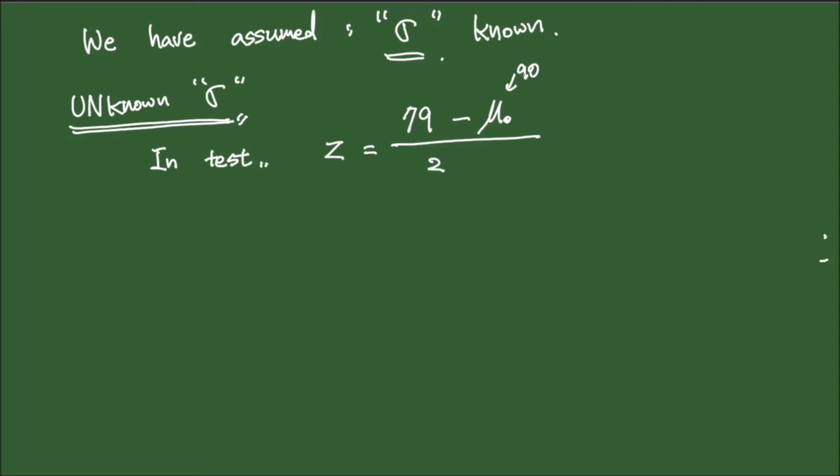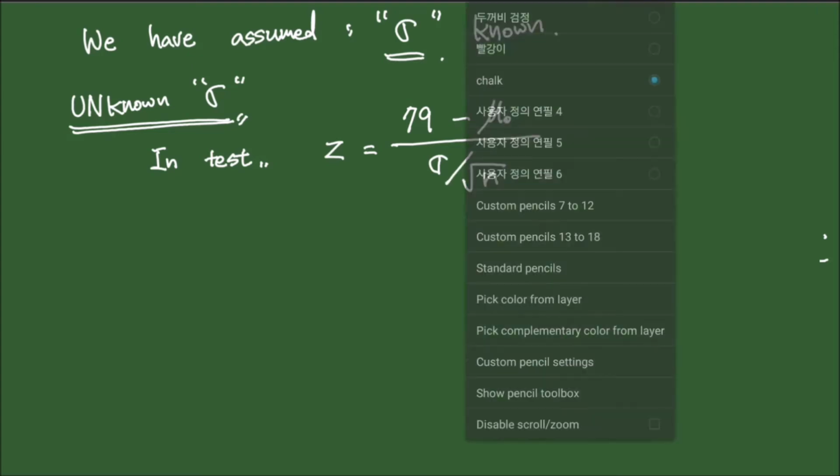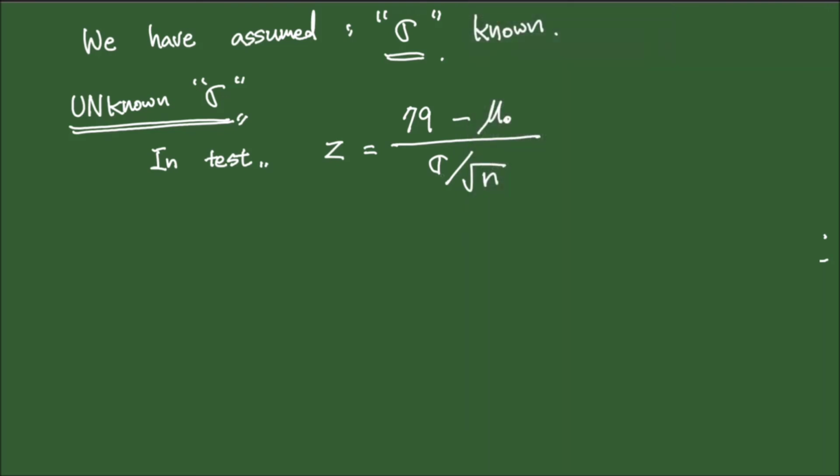Let me just write it down this way. So our test statistic looks like this, right? And we have the unknown value sigma in our formula for the test statistic.